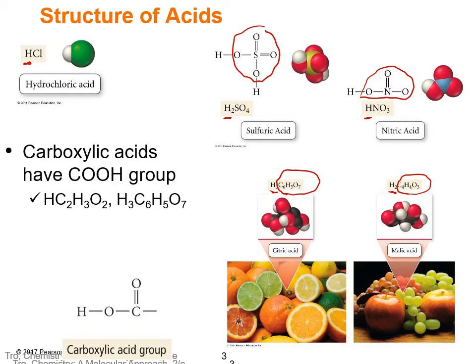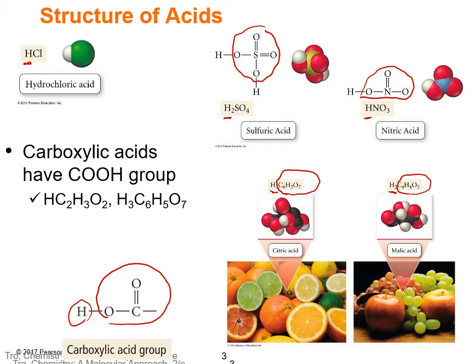Now, we're going to look at carboxylic acids. So carboxylic acids have a functional group that is COOH. Again, this pulls the electron density away from the hydrogen, allowing it to easily dissociate.